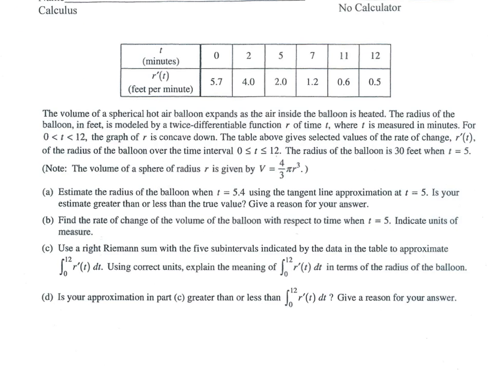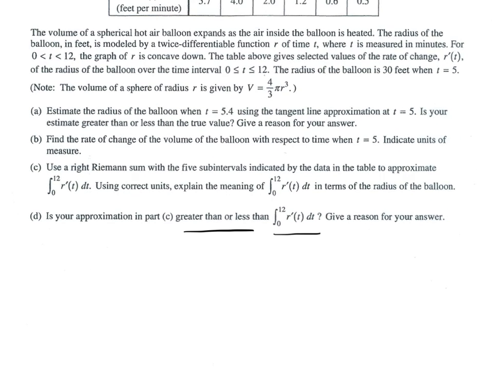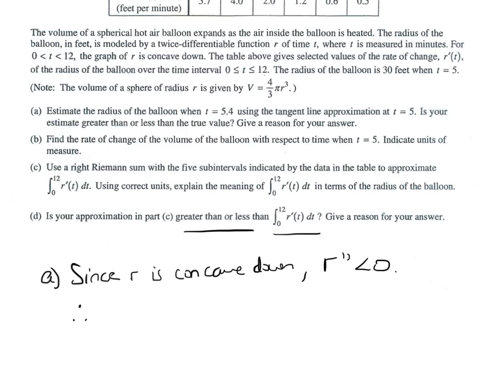And now we get to part D. Is our approximation in part C greater than or less than the actual value? Give a reason. Well, we know that R is concave down. That means that our second derivative must be negative. So if our second derivative is negative, that means our first derivative must be decreasing.